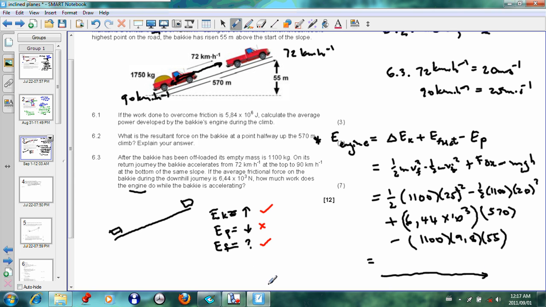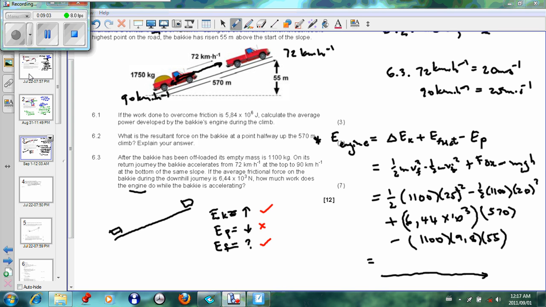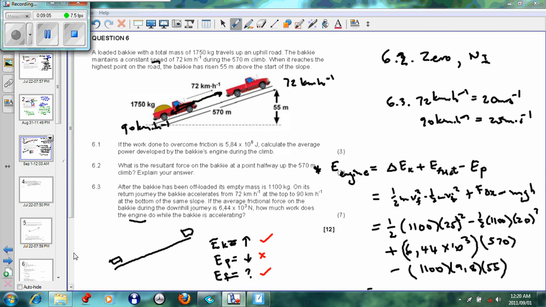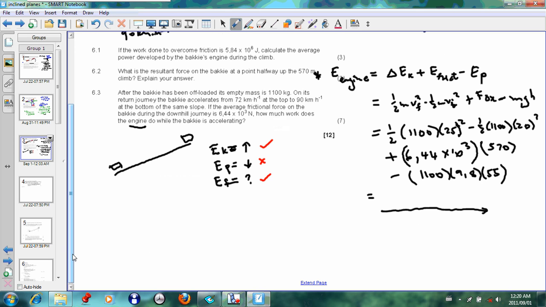So if we take our calculator and we work this out, we see that we get our final answer of 3,2 times 10 to the power 6 joules. Just be careful with the calculator work. Make sure that you don't forget to square it, the pluses are correct, the subtraction of the potential energy, and that's the end of the sum.